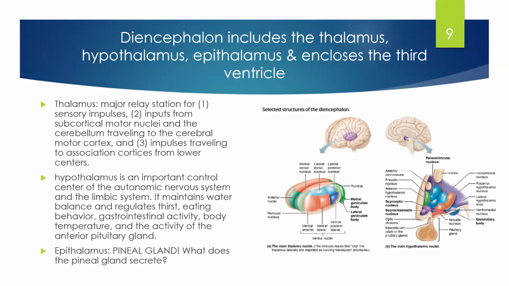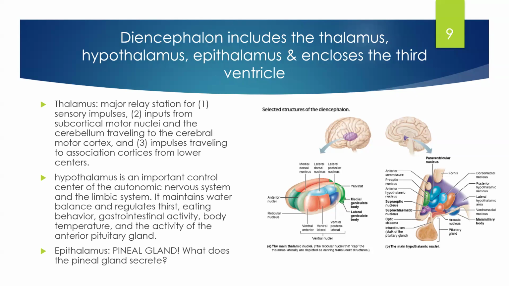So we have our thalamus. Our hypothalamus is an important control center of the autonomic nervous system and our limbic system. It maintains water balance and regulates thirst, eating behavior, gastrointestinal activity, body temperature, and the activity of the anterior pituitary gland, which is down here.